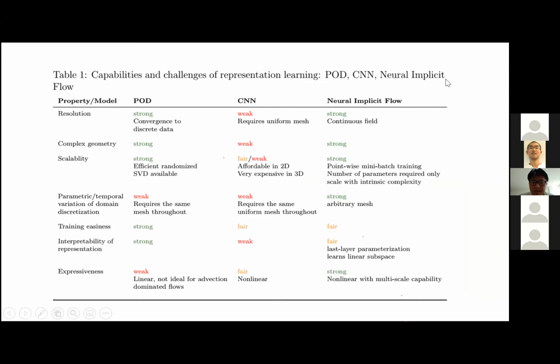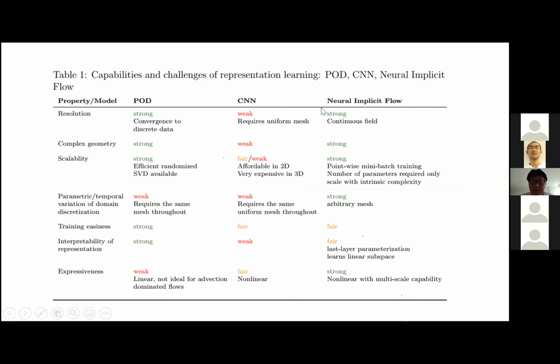So next, I want to give a detailed comparison of Neural Implicit Flow versus POD and CNN. In terms of resolution, POD and Neural Implicit Flow are both really good. Because POD, if you have a single fixed mesh and you're using all the modes, will definitely converge to the ground truth data set.